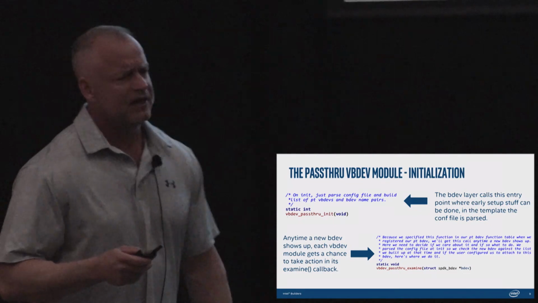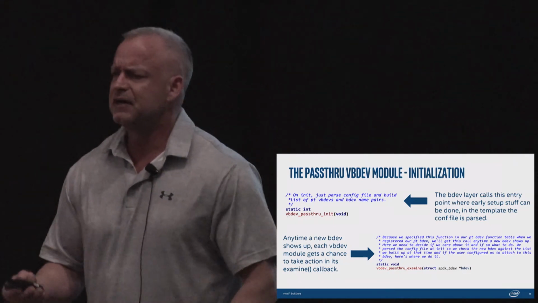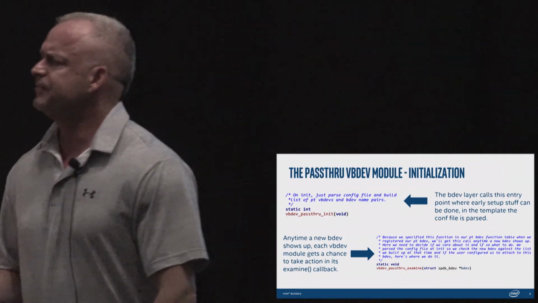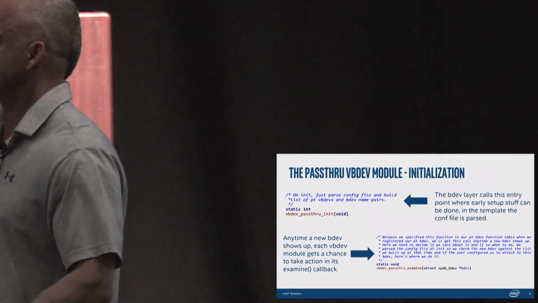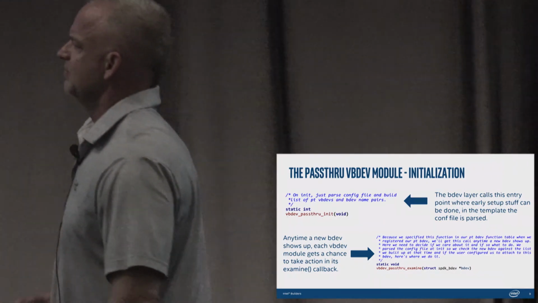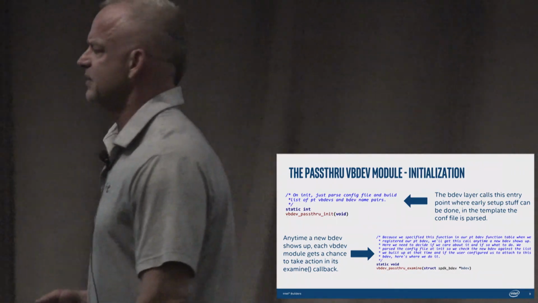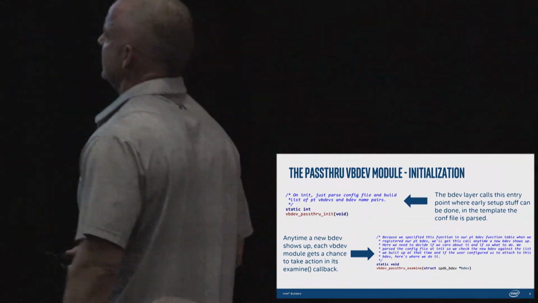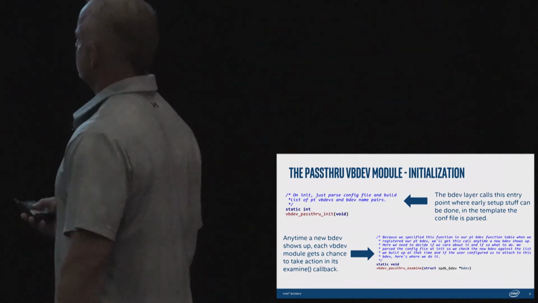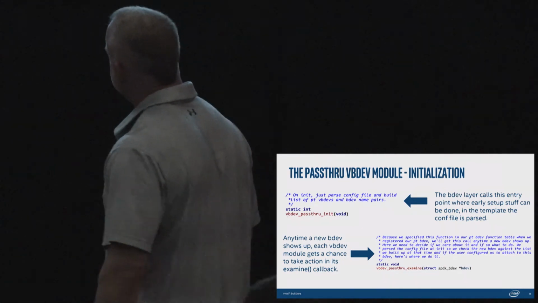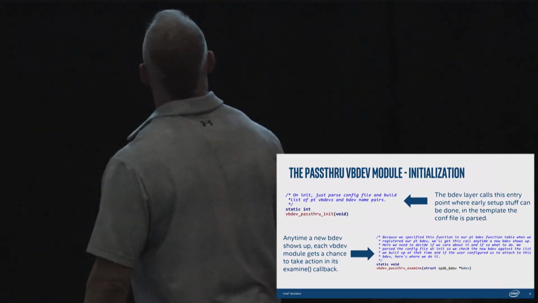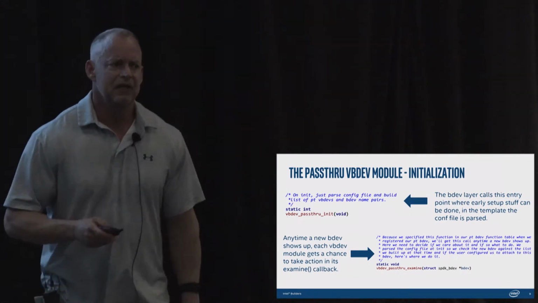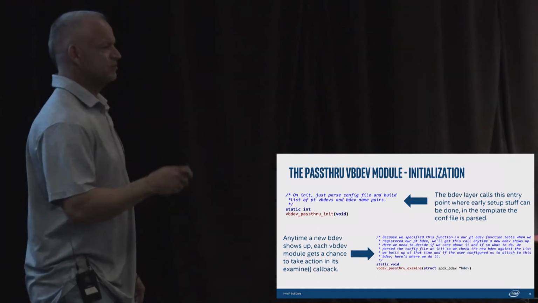A few more points about initialization. And again, with initialization, there's a lot to it. I just picked a couple of the main things. It's not a huge amount of code. You can go look at it, and you'll see more about it again in the lab tomorrow. But one of the key calls in the initialization sequence is this first one up here, the init function, which I mentioned earlier. This is called by the block device abstraction layer.